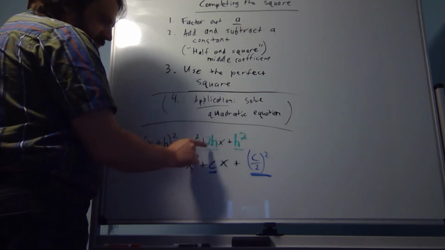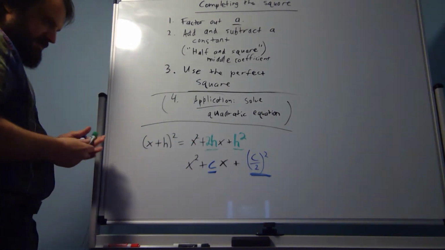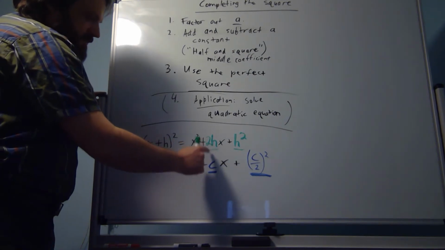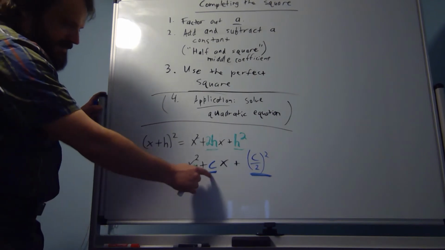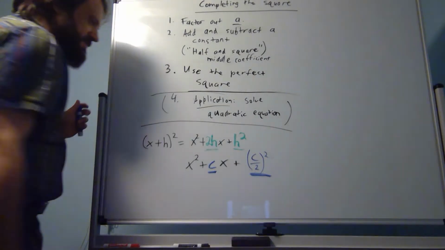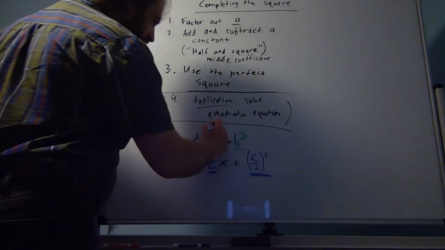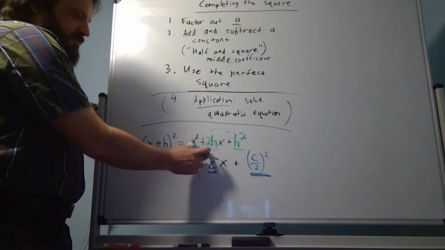So let's think of this c as being actually a 2h. Well, we have to divide by 2 and then we square the result. So that's the process. You take the coefficient, you halve it, and then you square it, you get h squared. Take the c, halve it, and you square it, you get c over 2 squared. So once you understand the process, you just apply the process to something that doesn't look like 2h.